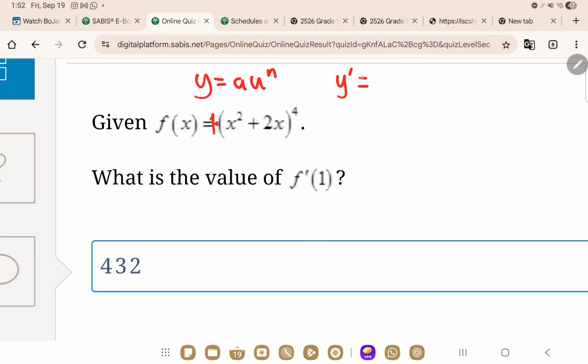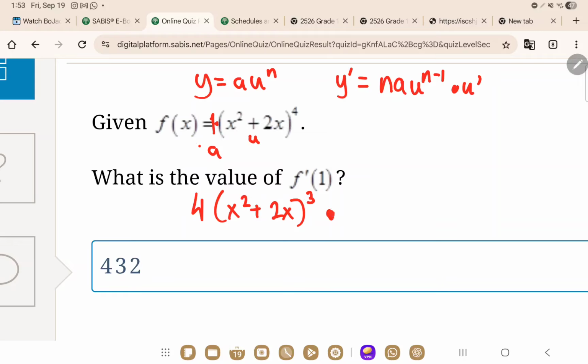So y prime equals n a u power n minus 1 times u prime. So 1 is our a, this is our u, 4 is our n. So we multiply 4 by 1, it's 4 into x squared plus 2x power 3 times the derivative of u, which is just 2x plus 2. It's the derivative of whatever is inside the brackets.